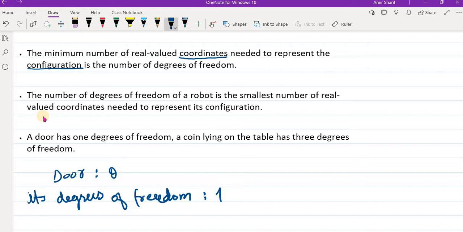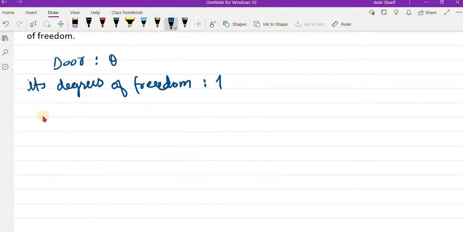And let's say another example, a coin lying on the table has 3 degrees of freedom. So in the case of the coin, its configuration can be represented by 3 coordinates, x, y, and theta.